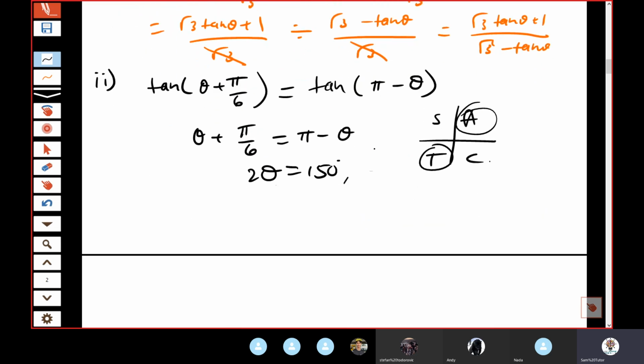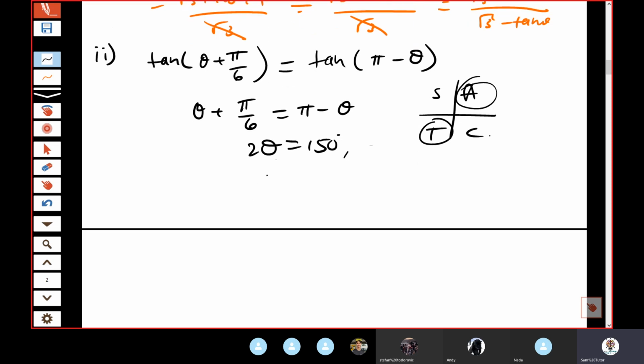Yeah, but then once I add, it's going to be a lot larger. And then whatever that gives you on your calculator. Any questions? 5 pi on 12. Any questions? No? That wasn't too bad.